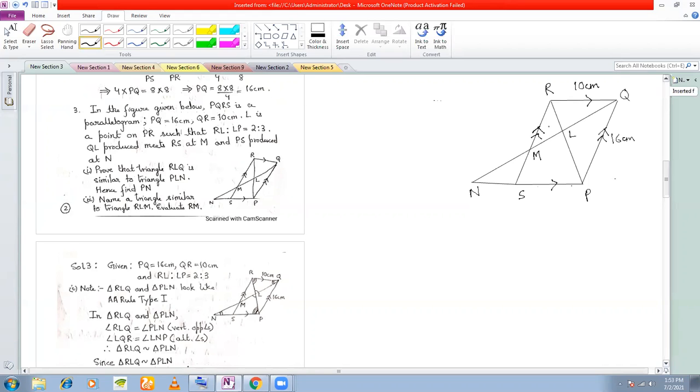Okay, so QR is 10 centimeters. L is the point on PR, such that RL is to LP is equal to 2 is to 3.